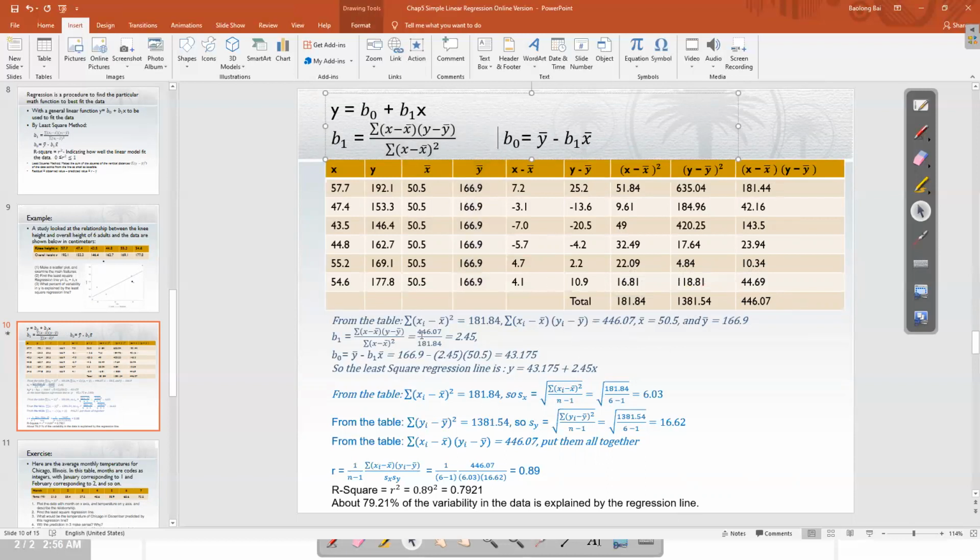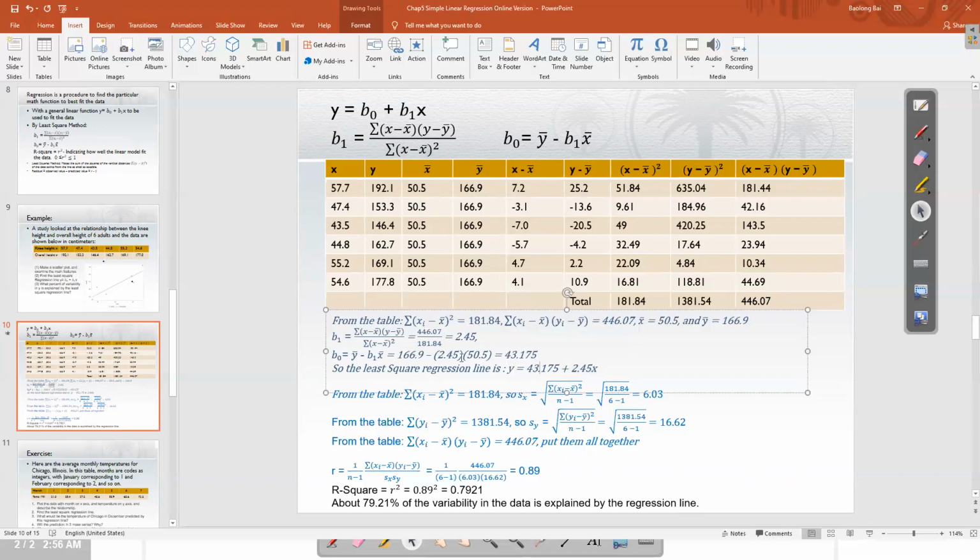So B1 equals the ratio of the two numbers, which is 2.45. And B0 is y bar minus B1 times x bar. Y bar is right here, 166.9, and x bar is right here, 50.5. Just plug it in, and B1 is 2.45, which we just calculated. That gives 43.175.